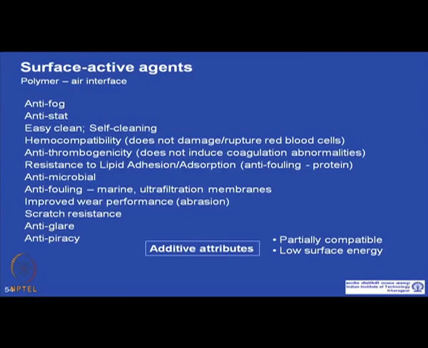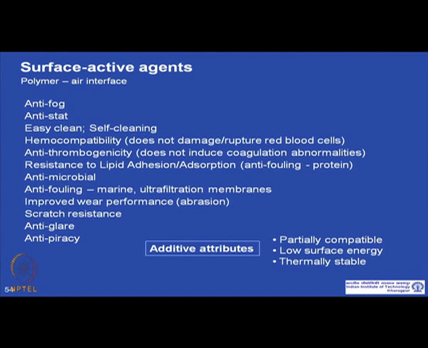Second, it should have a low surface energy component, so that it migrates during processing or molding processes to the surface to minimize the surface energy. At least part of the additive must have a low surface energy component.